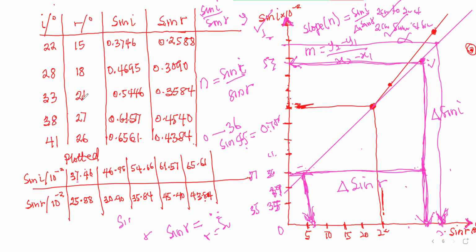So we have 21. The next value must be less than this one, less than 26. So ideally, 26 must come before 27. And this is what is responsible for this point, which is skewed away from the straight line. Are you okay? So when you do this in practicals and you have such inconsistent values, you must check your measurements.